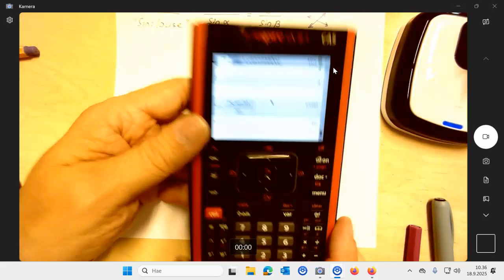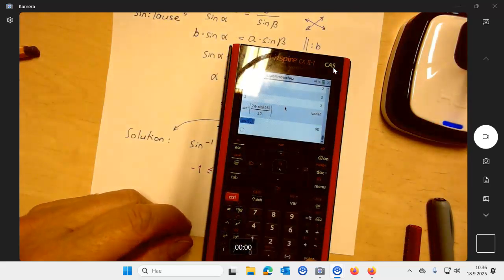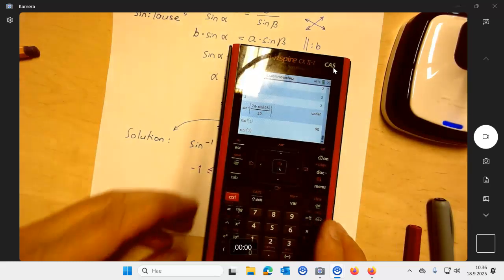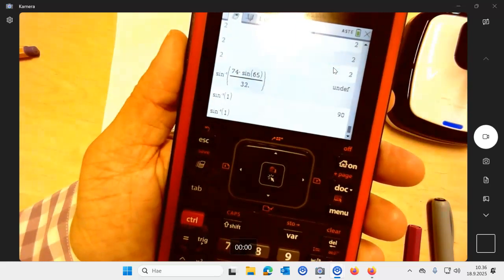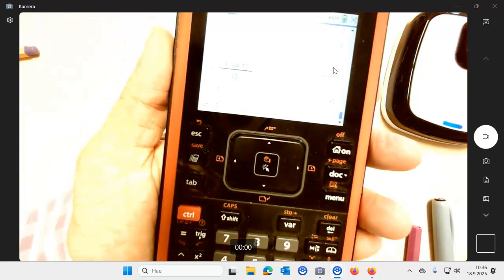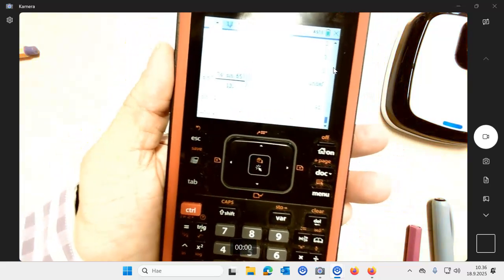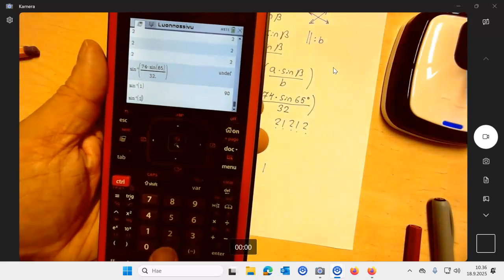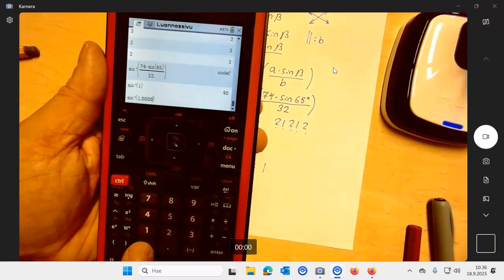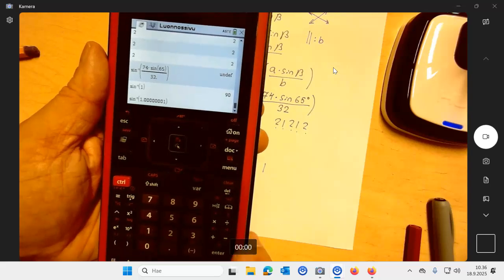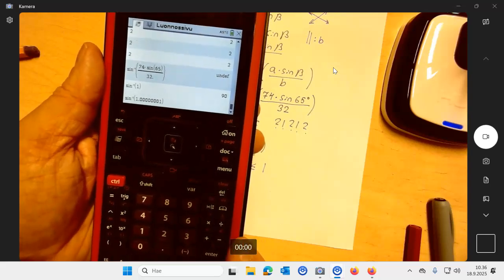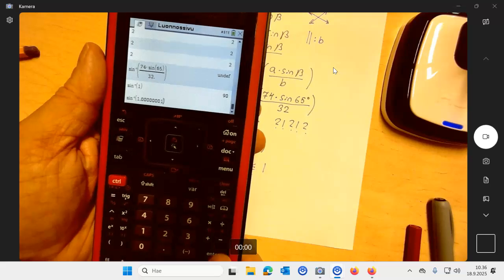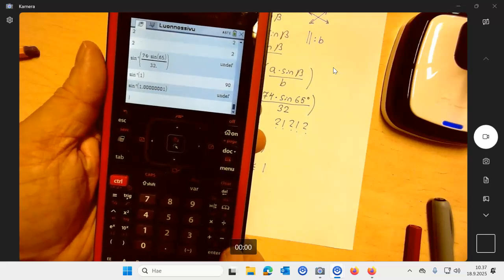But if I try to do this kind of example, if I have exactly 1 there, and I add dot and 0, 0, 0, 0 and 1, so this is only a little bit larger than 1, and it is undefined.